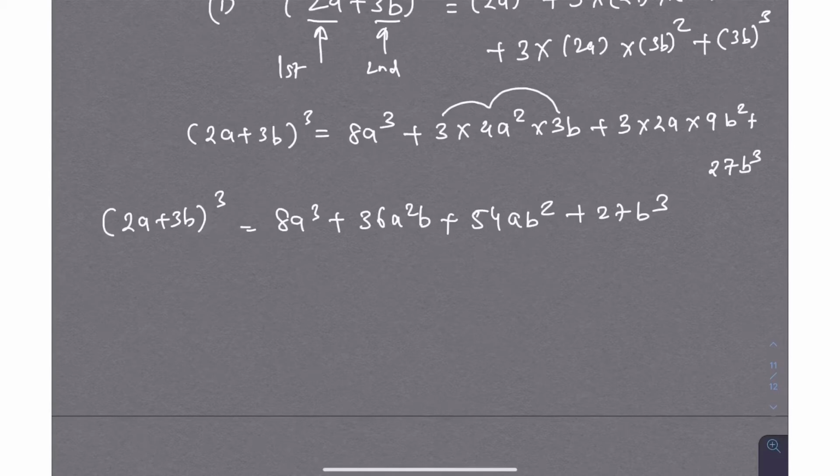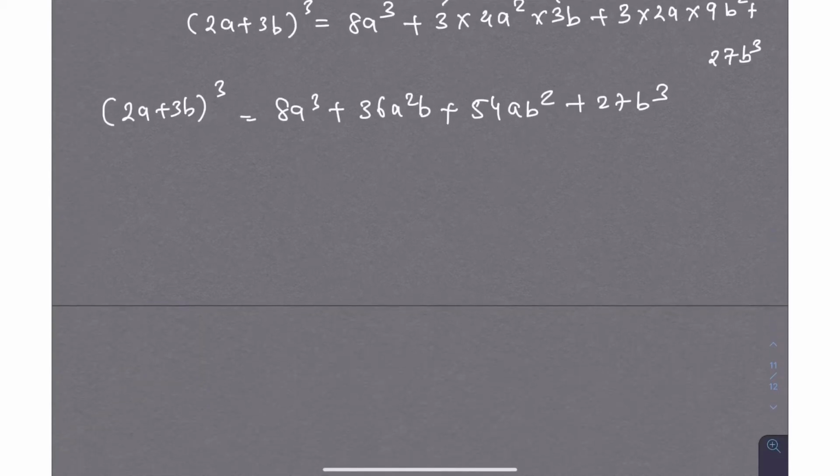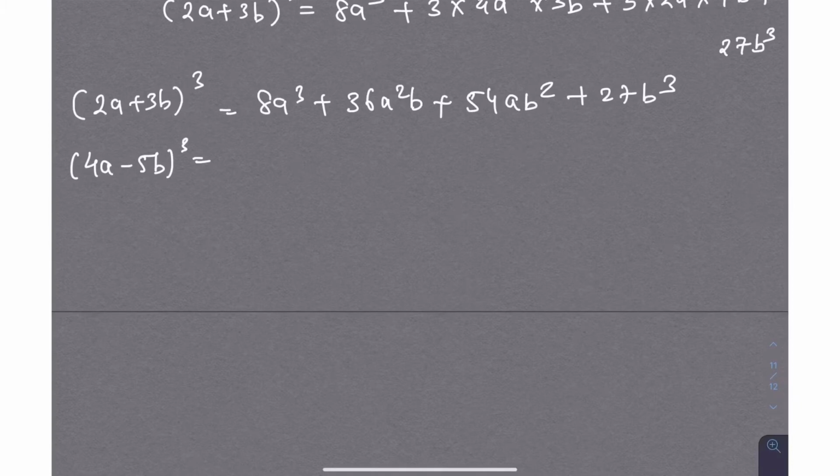Now we will do one more sum, which will contain a negative sign: 4a minus 5b the whole cube. Again we need to use exactly the same formula, a minus b the whole cube.